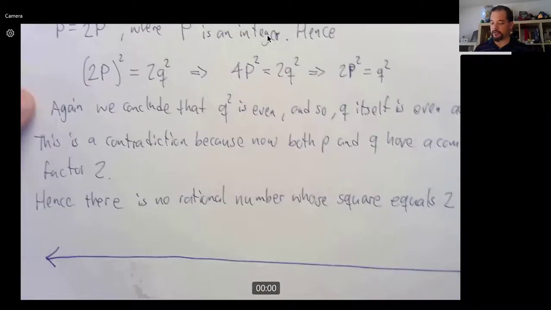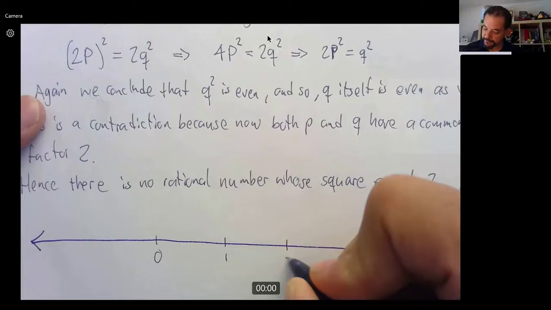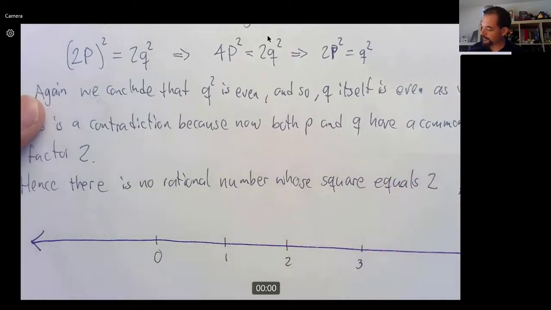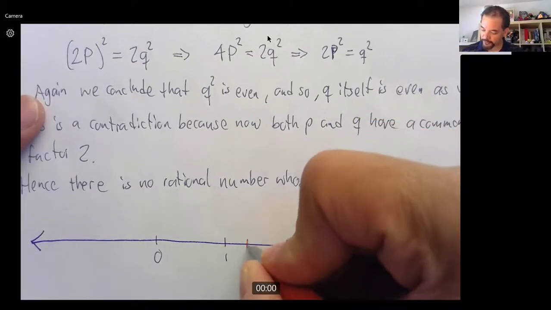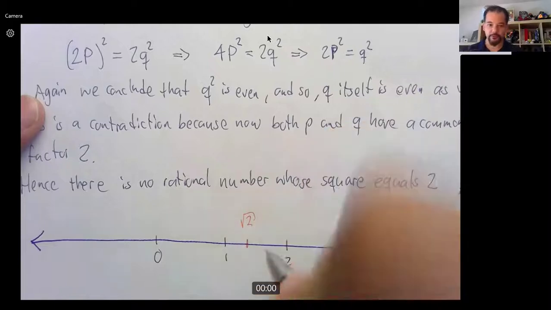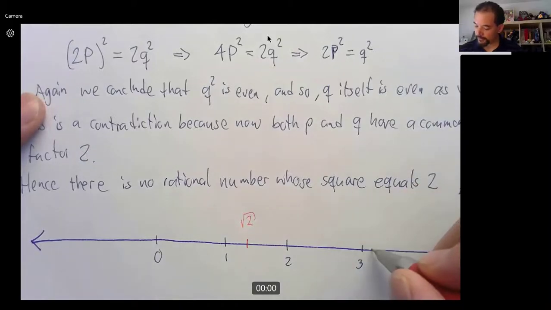And we know that there are some that are rationals, like the ones we talked about already. But we just discovered one that is not. This number, square root of 2, 1.41 something, it's more or less over here. That guy is not rational. And there are other ones, many more.